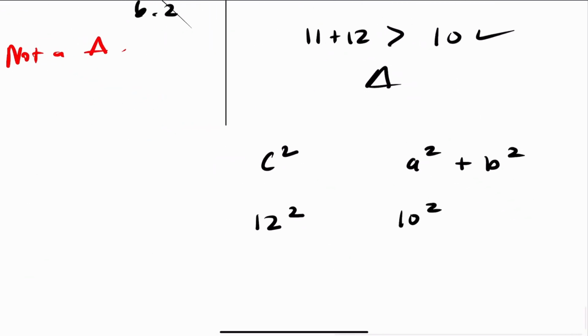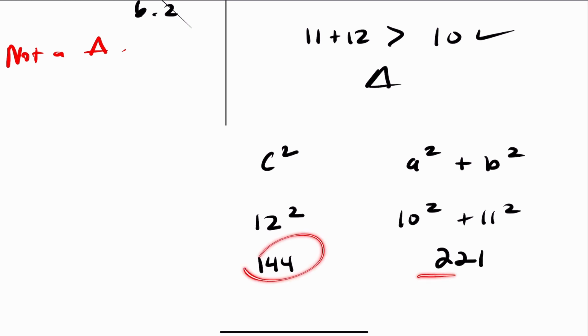So we've got 10 squared plus 11 squared. 12 squared is 144, and 10 squared is 100 plus 11 squared, which is 121. So 100 plus 121 is 221. Compare c squared to 221. Is c squared less than, greater than, or equal to? It should be less than. So what type of figure is this? It's an acute triangle.